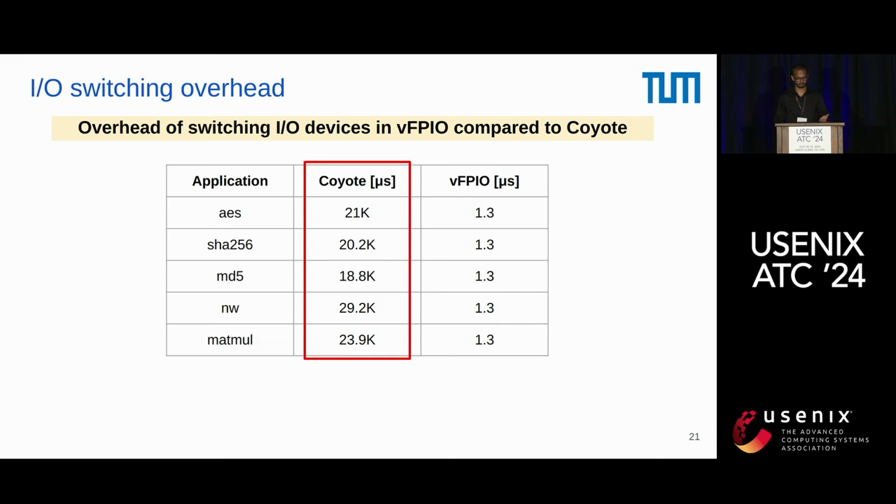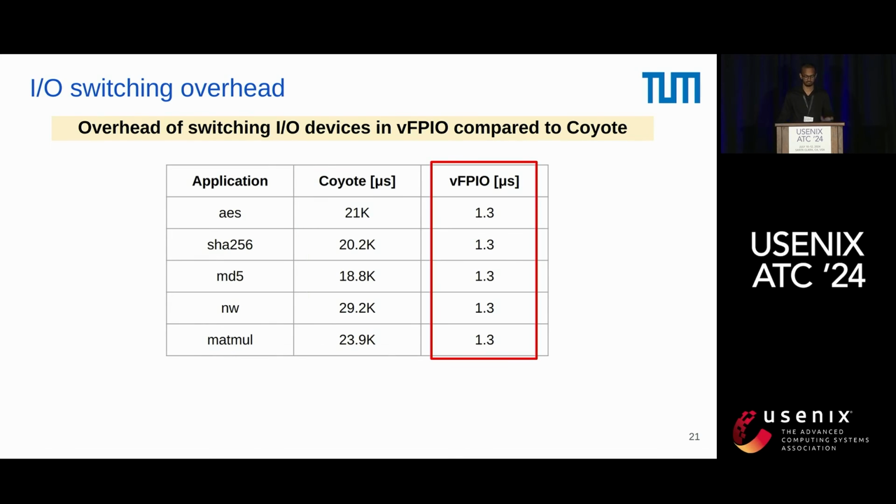So in the case of this shell, it takes around 25,000 microseconds on average, whereas in the case of vFPIO, the reason we have a very low reconfiguration time is that we provide a software-driven approach wherein the host side application just tries to register in the virtual I/O module, and then the I/O path reconfiguration takes place in the next clock cycle on the FPGA.